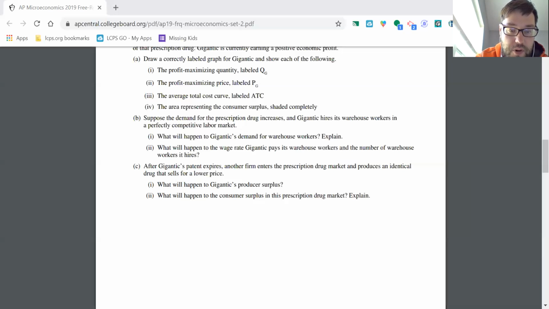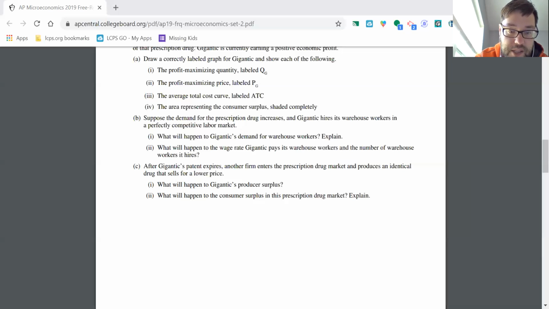So what's that going to do to our areas here, right? Well, when the demand increased, that led to a price increase. Now, if demand is shifting the other way, price is going to decrease, right? And that makes sense intuitively with more competition. But take a look at what they're asking here about producer surplus and then consumer surplus.